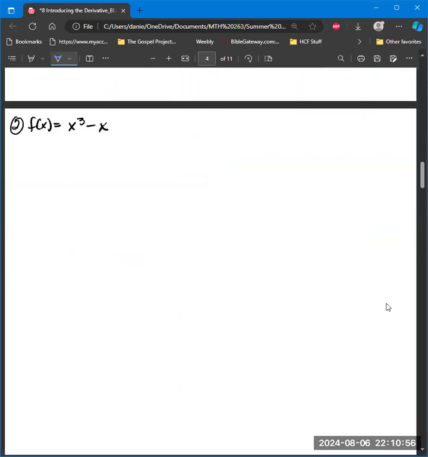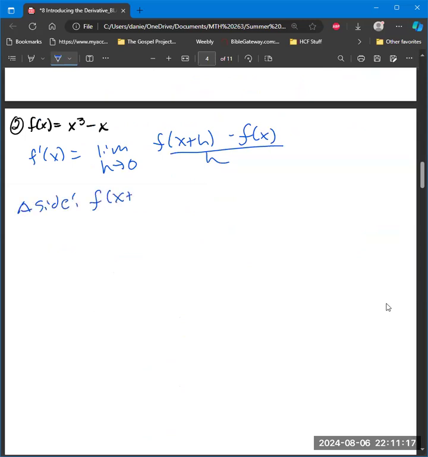Now we're going to talk about finding f prime of x as the limit as h goes to 0 of f of x plus h minus f of x divided by h. So for an aside here, f of x plus h equals x plus h times x plus h times x plus h minus x plus h.